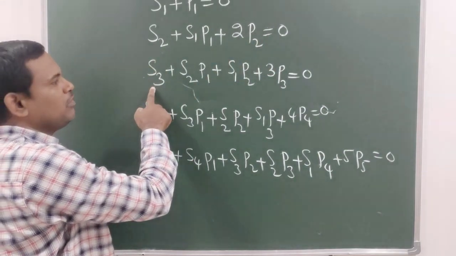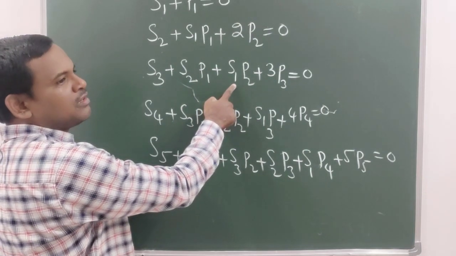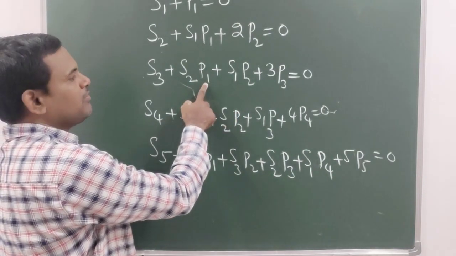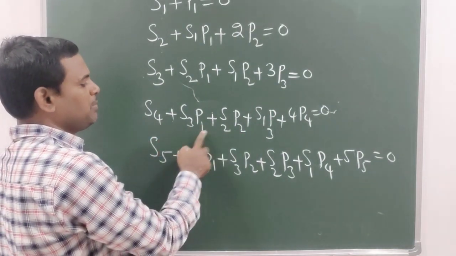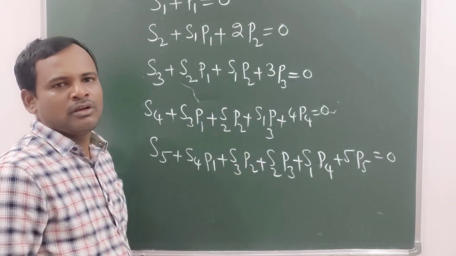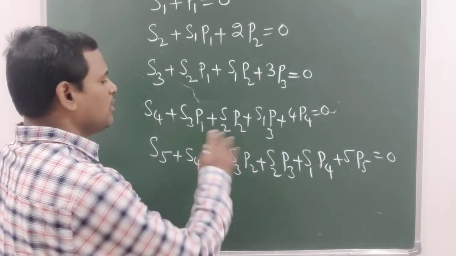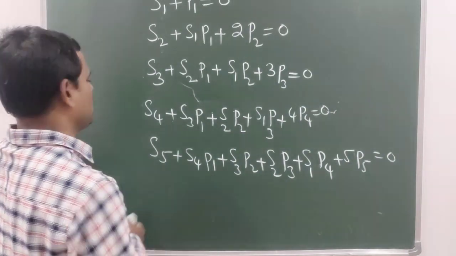Here S3, S2, S1 moving from left to right, and P starts, P1, P2, P3. Here S4, S3, S2, S1, and P1, P2, P3, P4 and so on. Okay. Now let us go to the solution for that question.